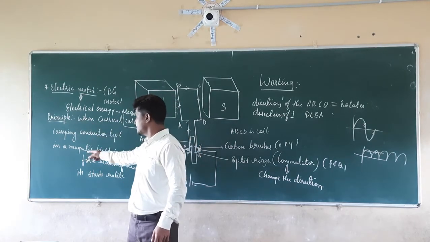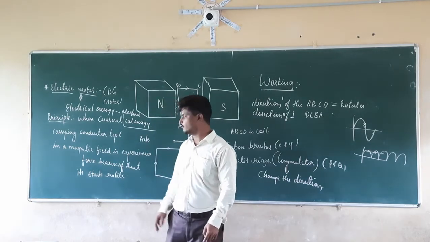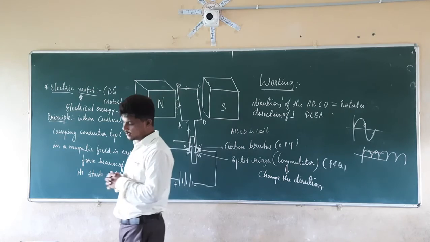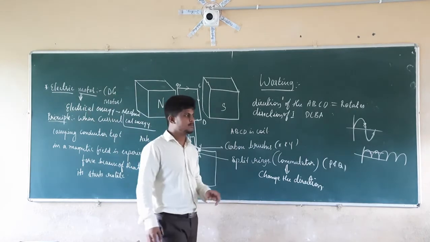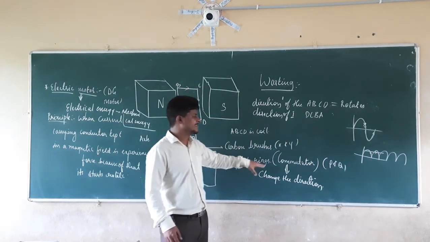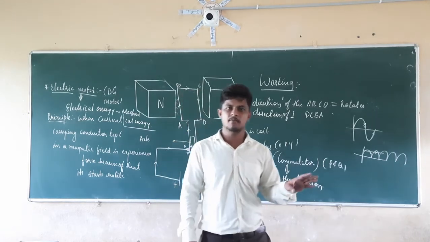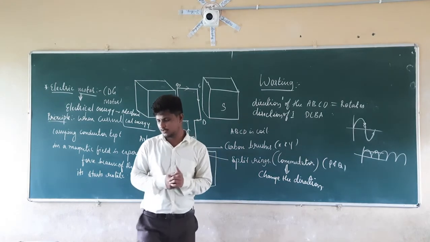When a current carrying conductor is kept in a magnetic field, it is going to experience some force. Because of that force, it starts to rotate. And the third question is: what is the role of the split ring in an electric motor? The split ring works as the commutator, that is, it changes the direction of the current at every half rotation. So these are the three in-text questions.